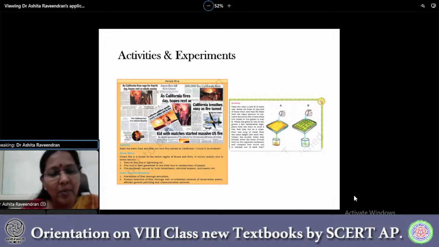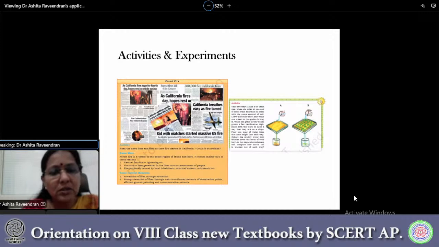So it is not just the information about the California fire that has been given here, it also gives information about how the fire can be prevented. Suppose it can be a natural fire also, it can be caused by lightning.